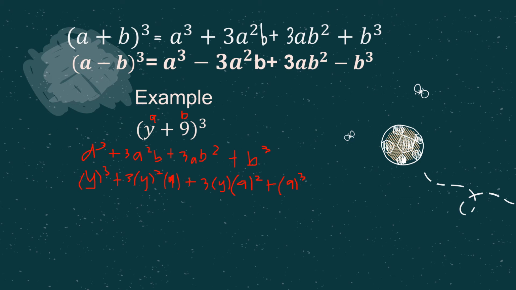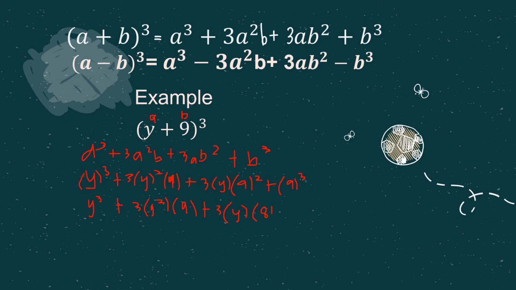Now, the quantity of y cubed is y cubed. So we can simplify them. Plus 3 times the quantity of y squared, which is y squared, 3 times y squared times 9, plus 3 times y times 9 squared, which is 81.